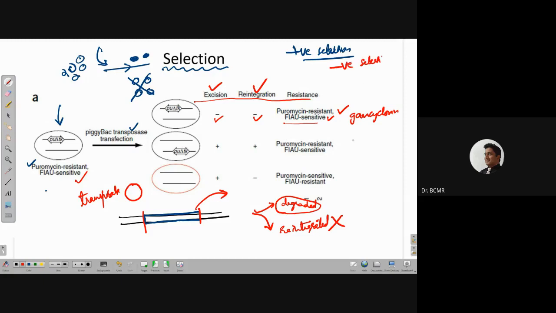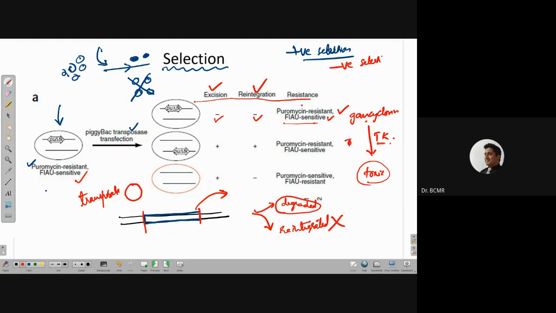If thymidine kinase from HSV is present, ganciclovir will be made into a toxic compound. On the vector we also have a thymidine kinase included. So the cells, if you put them in the presence of ganciclovir, will die because thymidine kinase will convert it into a toxic compound. So FIAU sensitive.